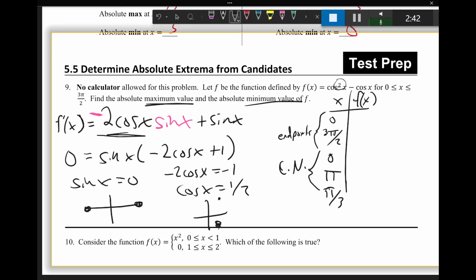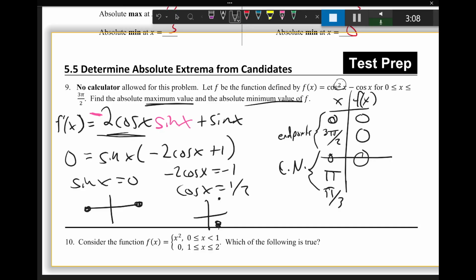So there were 3 critical numbers, 2 endpoints, and then I started plugging those into the function. You plug 0 in up here, you get 1 minus 1. Plug in 3 pi over 2, you get 0 minus 0. Oh, I don't need to do 0 twice. If I already plugged in 0 once, I don't need to plug it in twice. You're going to get the same value. So if I plug in pi, I got 1 minus negative 1.